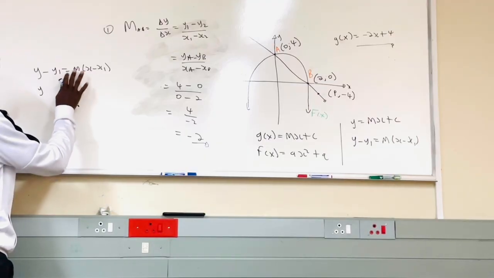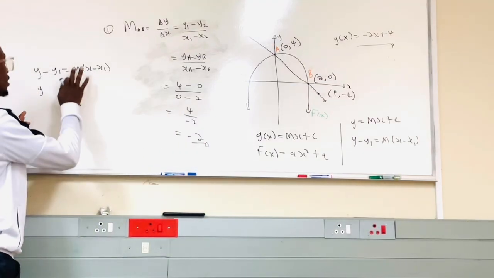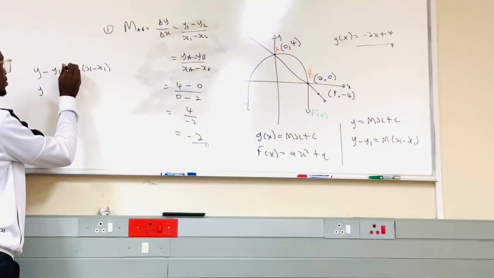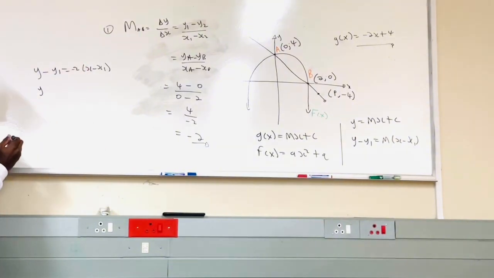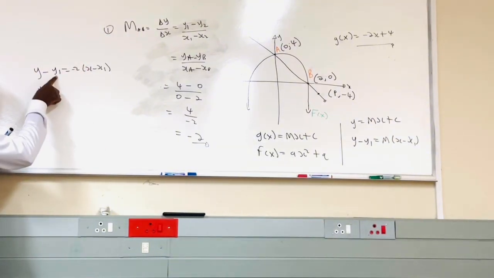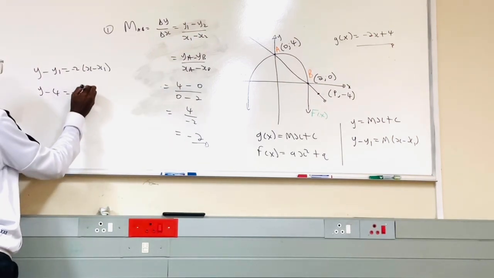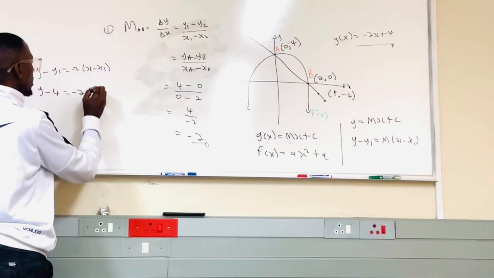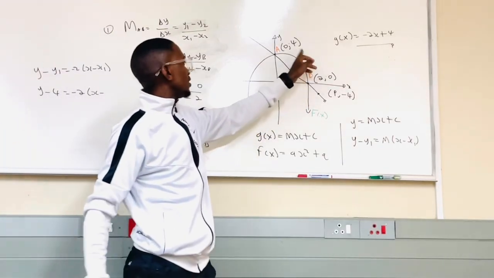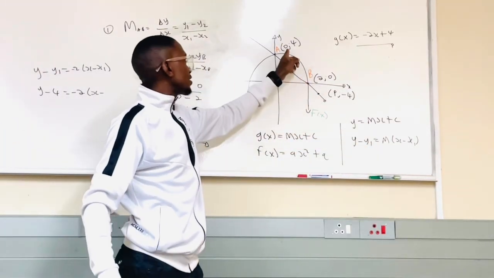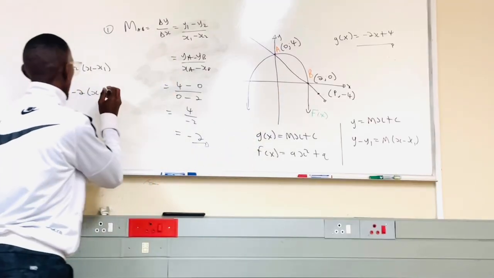Okay, that's your formula. Where I see the gradient, I put minus 2. We are together. And then from there, where I see y1, I'm going to put 4. So y minus 4 equals to minus 2 into x. Where I see x1, I'm going to put the value of x of a, which is 0.